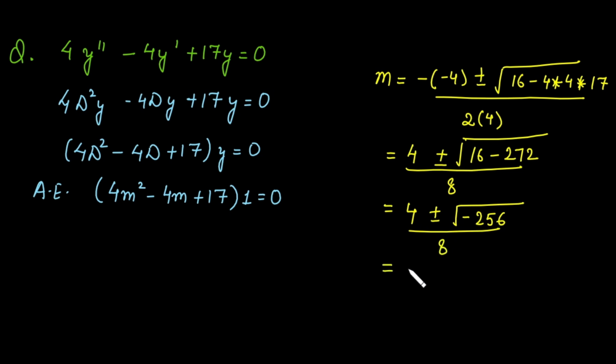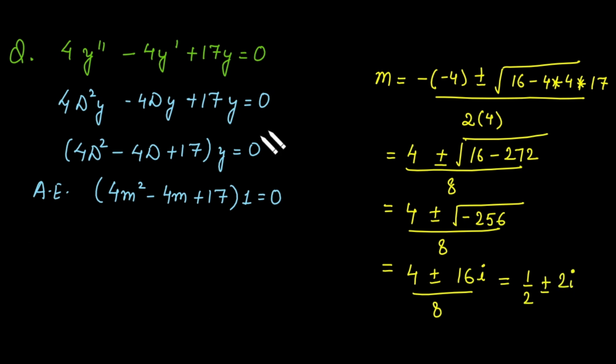So this is equal to 4 plus minus. So root of 256 is 16 and iota, because that is the root of minus 1, divided by 8. So we have 1 by 2 plus minus 16 by 8, that is 2 iota.